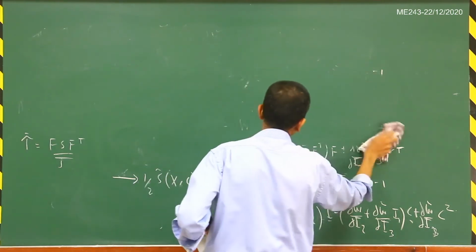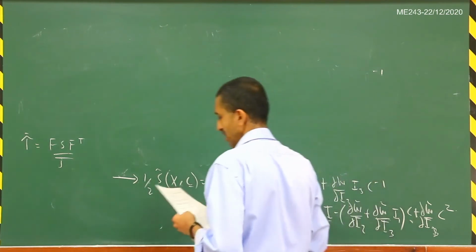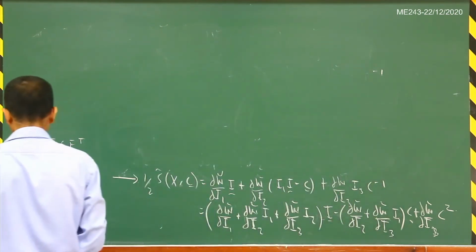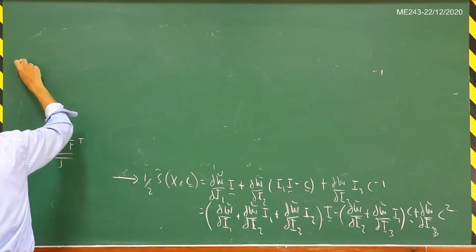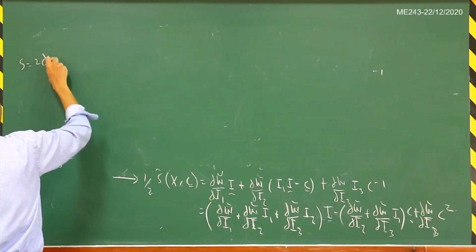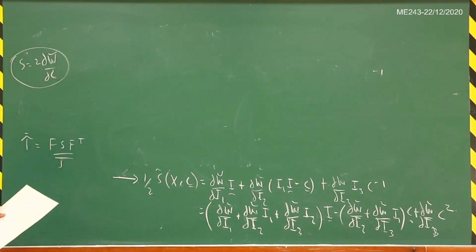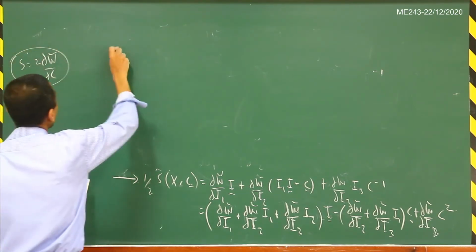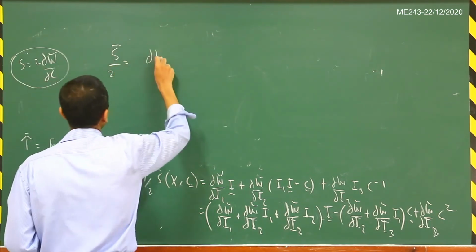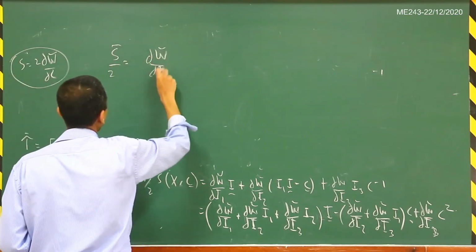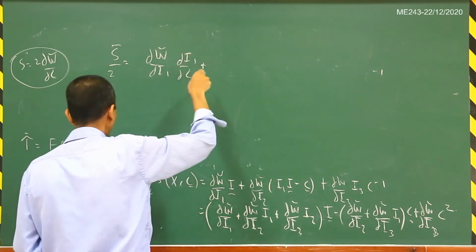So it's just a matter of taking the gradient with respect to C. And so what we will get is that, we have seen that S is 2 times del W by del C. So we are just going to use this particular relation here. So I can write S tilde by 2 is equal to del W by del I1 times del I1 by del C. This is nothing but the chain rule again.